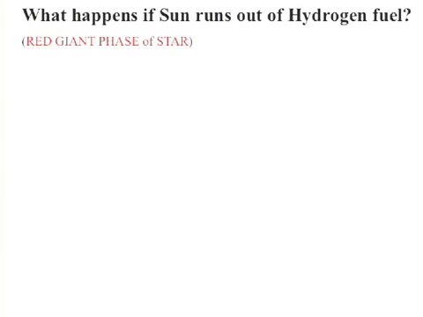So the sun over time is changing. Eventually, it will run out of hydrogen. When it runs out of hydrogen, what happens to the sun? That will be another 5 billion years. Yes?